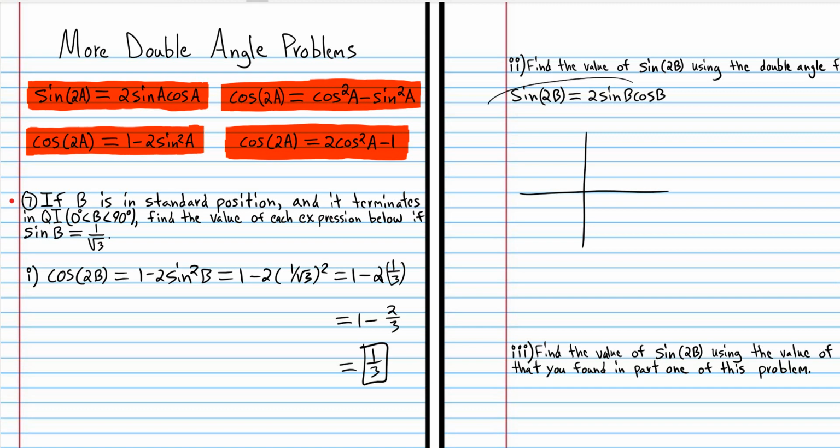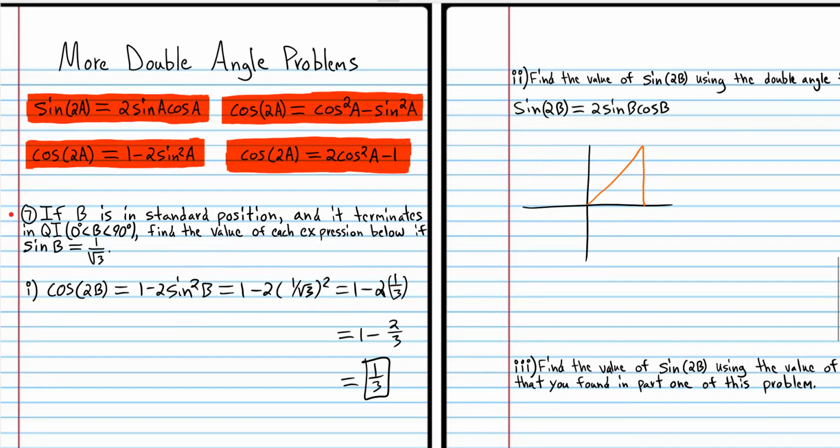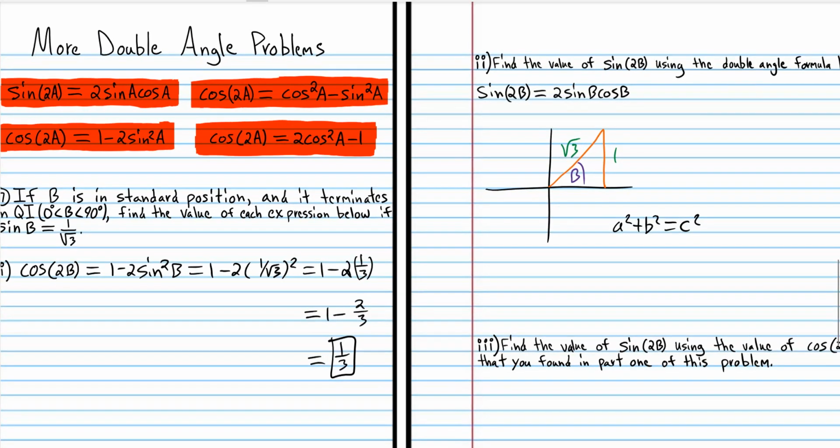We're going to use our double angle formula, but we don't have this cosine b, so we have to find cosine b. Now we're told that b terminates in quadrant 1. So we can say that this is b, and sine b is 1 over root 3. And again, using the Pythagorean theorem, we can find the missing side. This is just one way to find sine 2b.